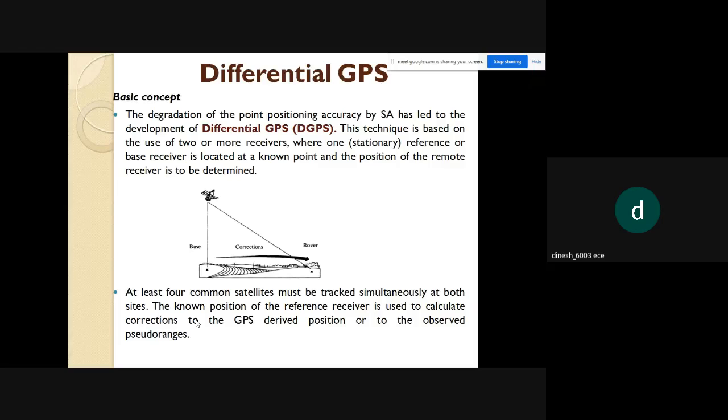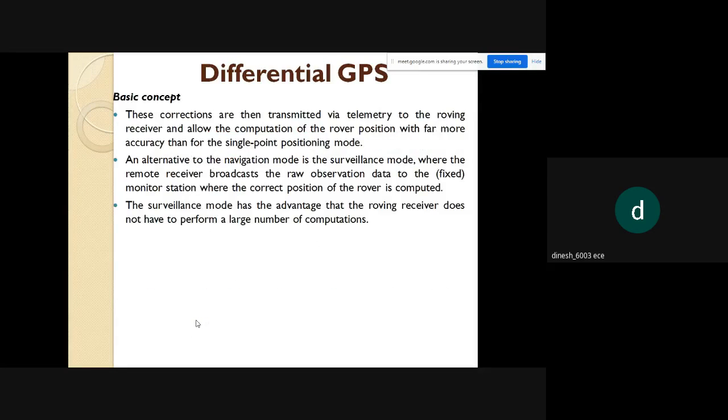In order to know the position of the unknown receiver, we need to correlate it with the known receiver's position. These corrections or error rectifications are done through the telemetry of the roving receiver, which allows the computation of the rover position far better than the single point positioning mode.